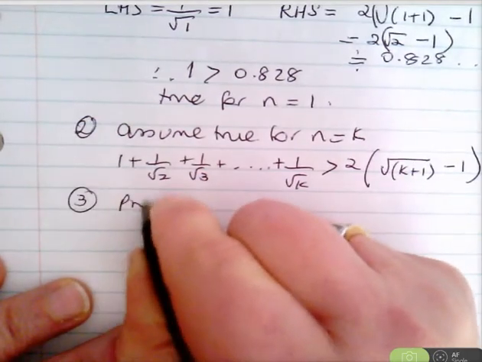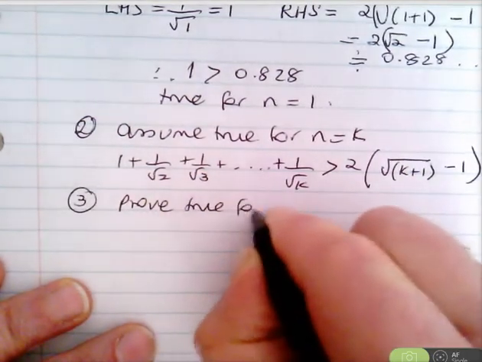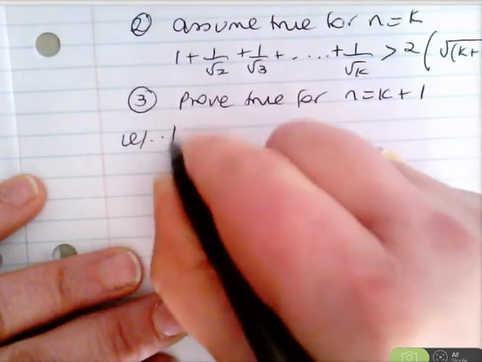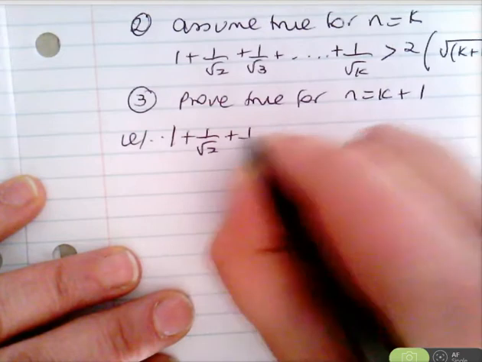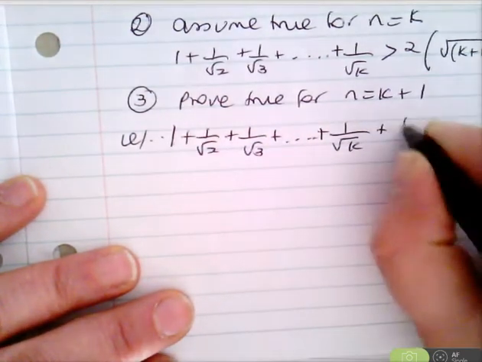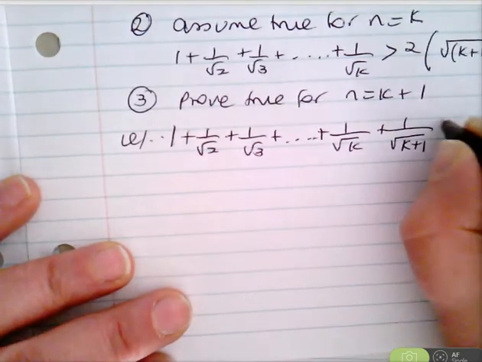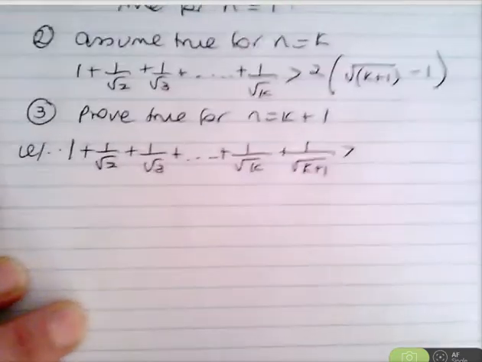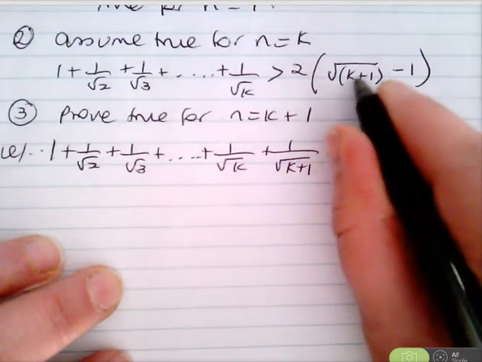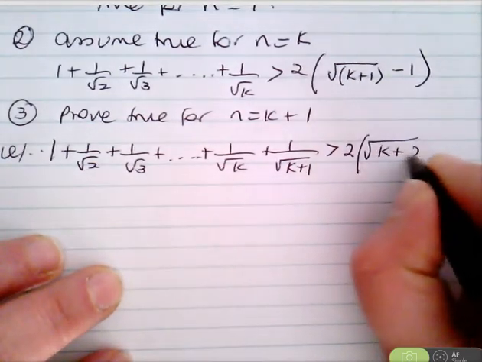Step 3, prove true for n equals k plus 1. So we need to prove that 1 plus 1 over root 2 plus 1 over root 3 plus all the way up to 1 over root k plus 1 over root k plus 1 is greater than 2 times the square root of k plus 2 minus 1.